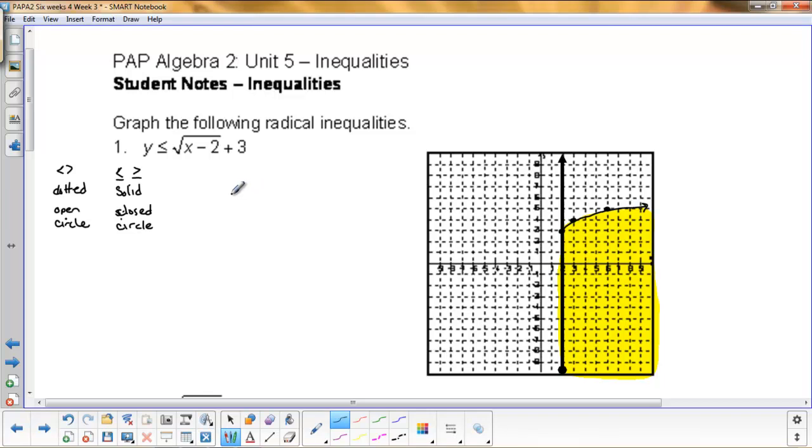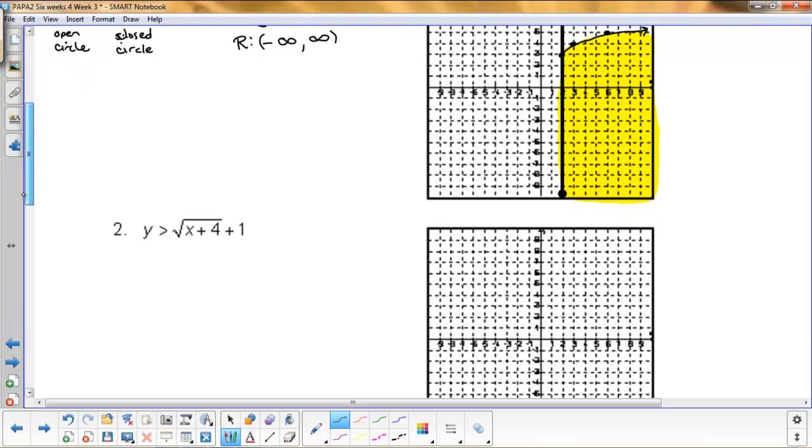The domain of the solution set is going to begin at the number 2 and continue all the way through to infinity. Any point inside of the shaded region is a solution to this inequality because it goes down to negative infinity and this curving line never goes horizontal. That means the range of my solution set will be all real numbers, negative infinity to positive infinity.